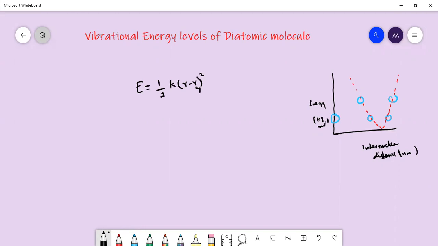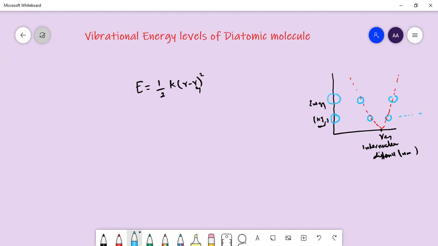One is K, the force constant, and second is the change in the bond length from the equilibrium position. For example, if this is our R equilibrium, the actual bond length of that particular molecule, and if you either compress or stretch this bond, the energy of the molecule also changes.